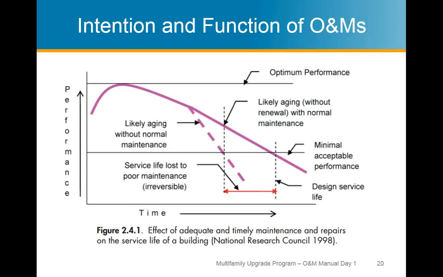And so nearly all equipment will run at optimal performance in the beginning, regardless of the quality of maintenance. I think that's a given. The O&M manual is more about extending the longevity of that equipment rather than bumping up its efficiency.